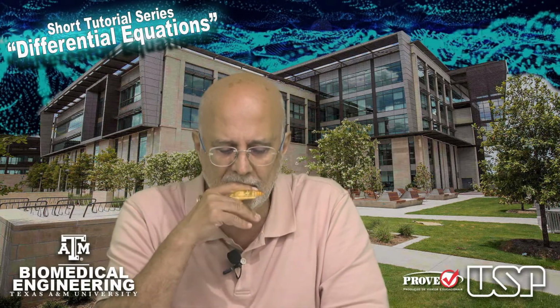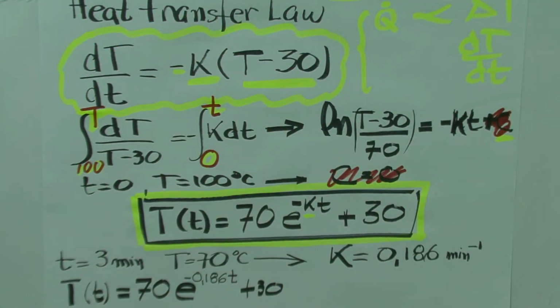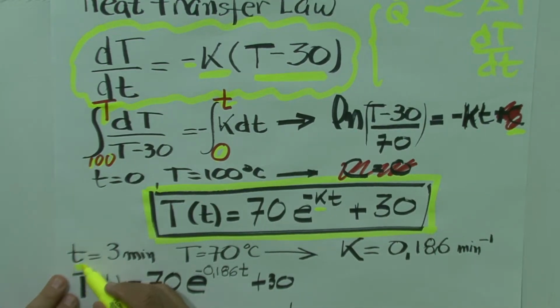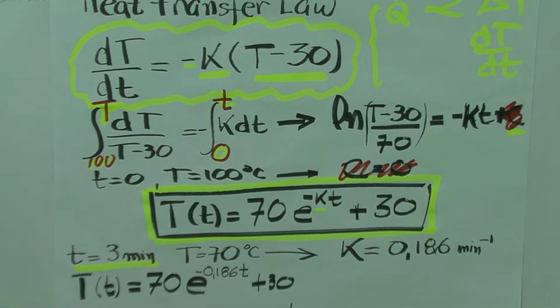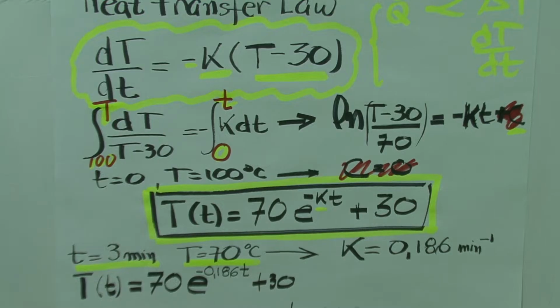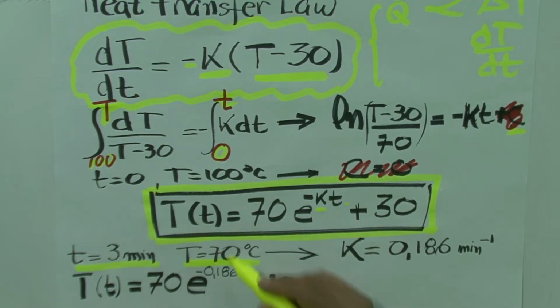And this is fine. But I don't know k; it is a property of the system. But somebody was smart and made a measurement and gave it to me: 3 minutes after the sphere is in contact with water, its temperature gets to be 70 degrees. Then I put here 3 minutes, 70 degrees, and I solve this equation.